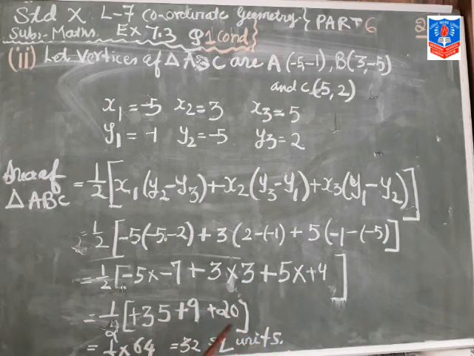Clear? Half into 9 plus 4... 35 plus 9 plus 20 is 64. Now divide, 32 square units. Now clear children, how we find the vertices of triangle ABC and find the area of a triangle. This one is your last formula.